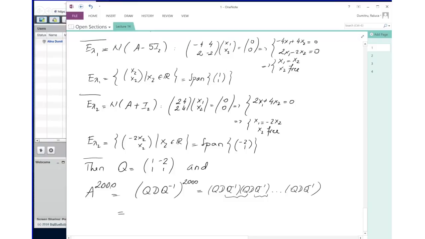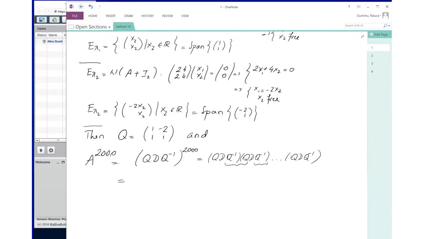So in the end, what do you get? Q times D to the 2000 times Q inverse. So you're reducing computing the 2000th power of an arbitrary 2 by 2 matrix to computing the 2000th power of a diagonal matrix, right?